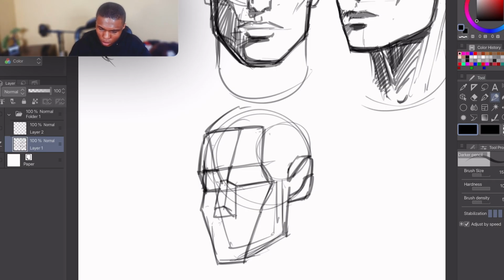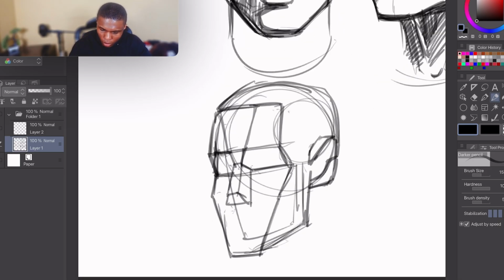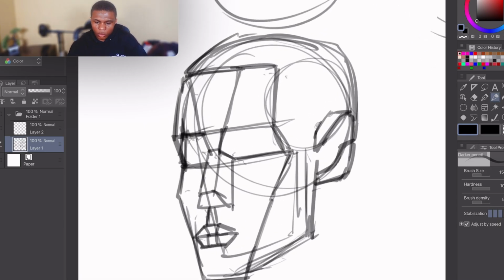It looks like this. And then the fulcrum. If you look at the planes of the head, there are two planes: you have the primary plane and then the secondary planes of the head.